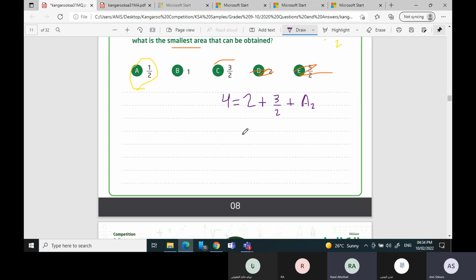Okay, first we shift 2 to the other side, and we change it to minus 2. Okay, I don't like this way because the definition is I'm going to subtract 2 and subtract 3 over 2 from both sides.